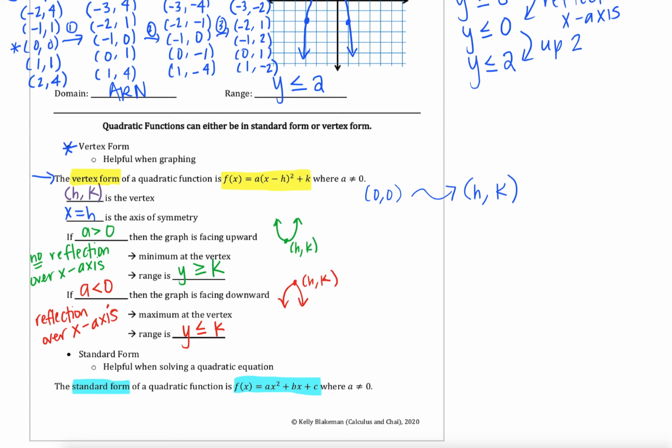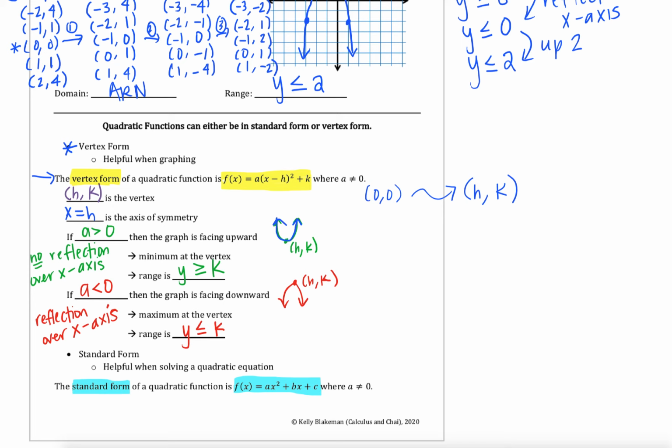The other thing I can actually determine is if my vertex is going to be a maximum or a minimum. So if a is a positive number, whether it's a stretch or compress factor, then there's no reflection over the x-axis, which means our graph is facing upward. So it would be this upward facing parabola here.